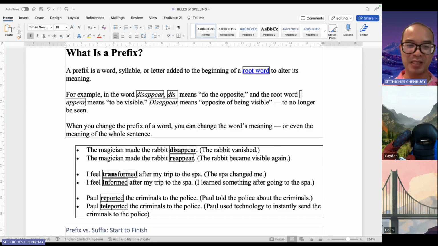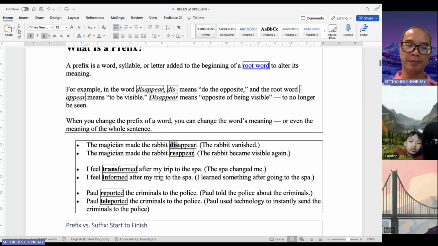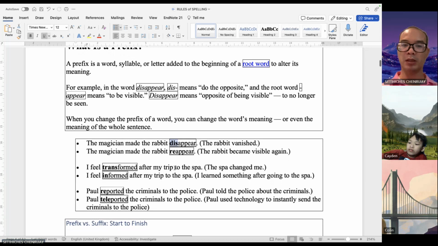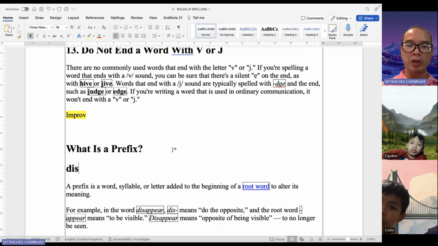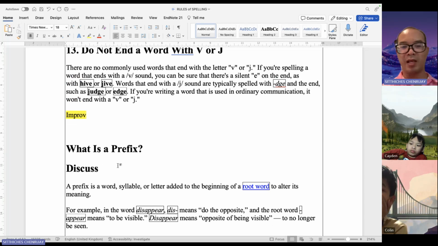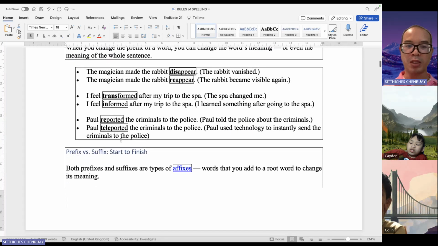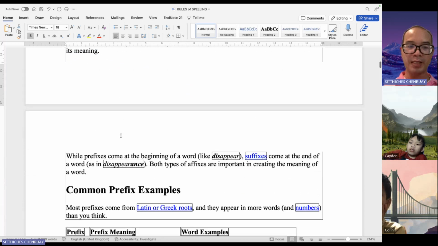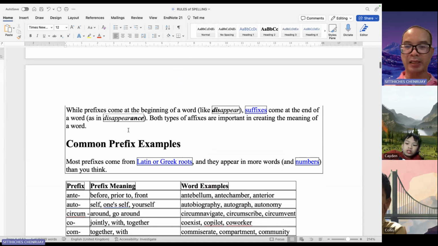Sometimes not every spelling of this means the same, meaning not. For example, discuss doesn't mean you don't talk. It means another way. Then inform, report, teleport, you know it. And then affix, at the end of the word.